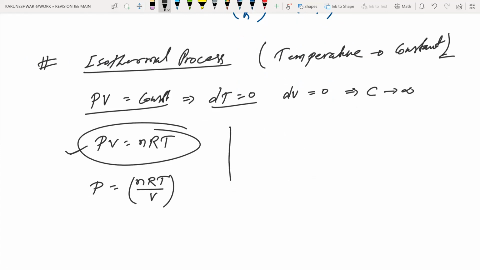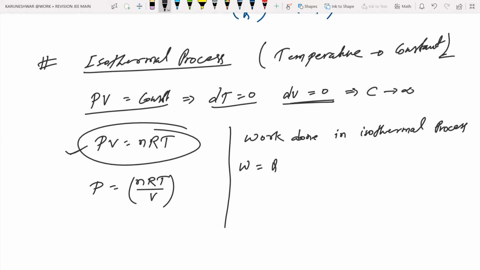So how do we calculate the work done in an isothermal process? Because there is no change in internal energy, the total heat is converted into work only.